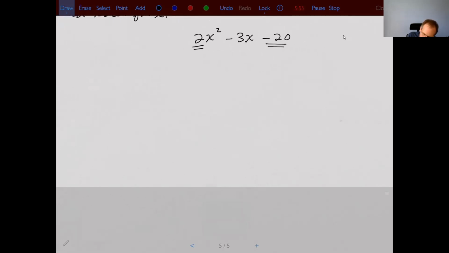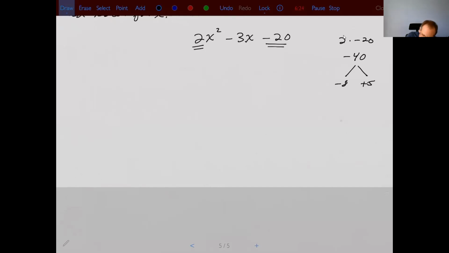So if I multiply 2 times negative 20, I get negative 40. Then I want to think of two things that when multiplied give me negative 40, and when added give me that middle term, the b term, the coefficient of the x, of negative 3. Sometimes you have to think about this a little bit. Well, I guess negative 8 and positive 5 will work, right?